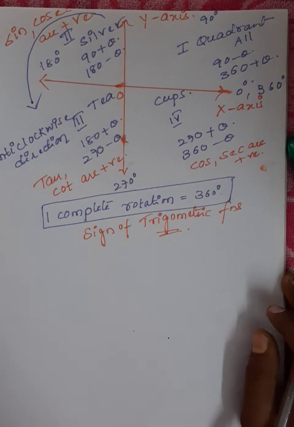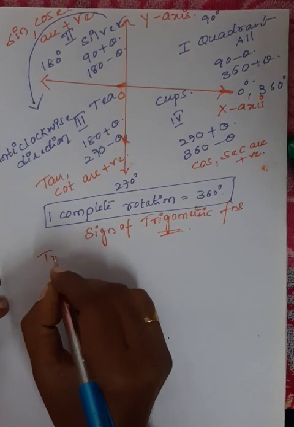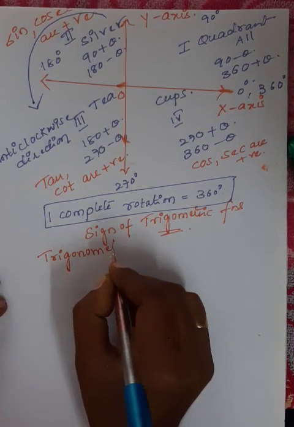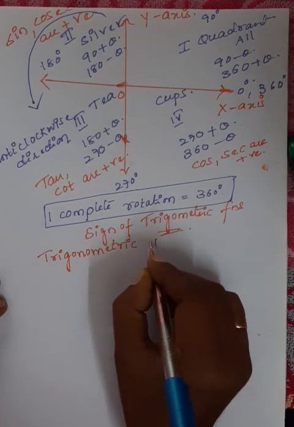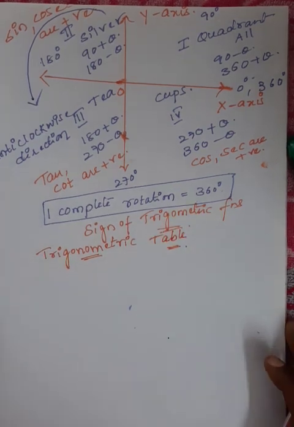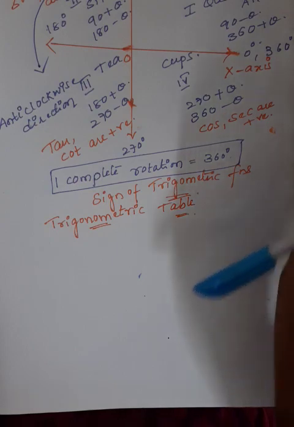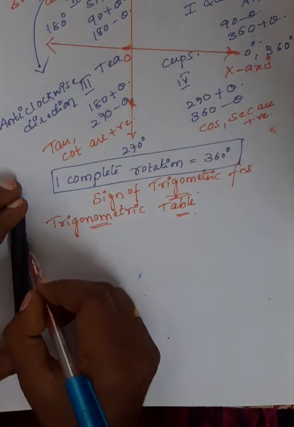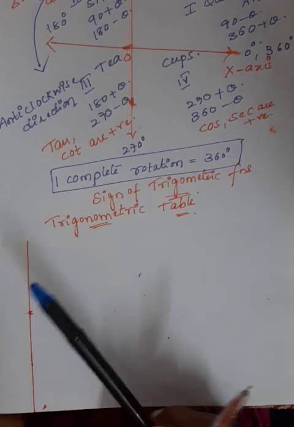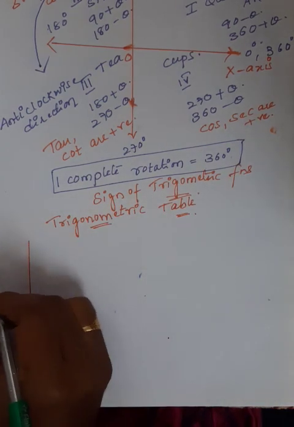Now we are moving on to one important trigonometric table. For this you have to draw one horizontal line and one vertical line.